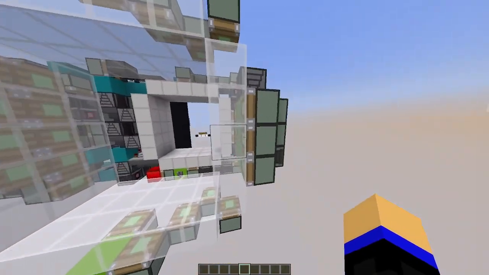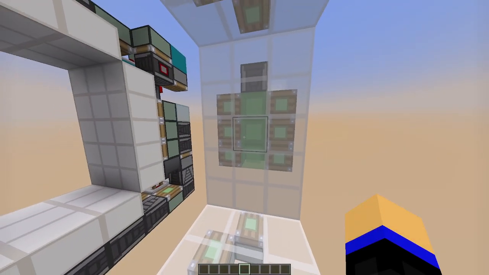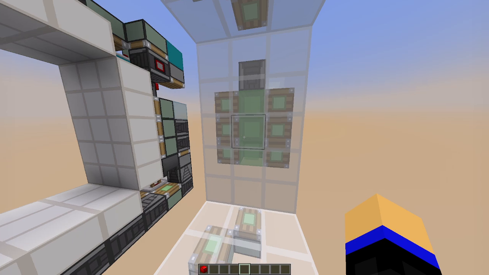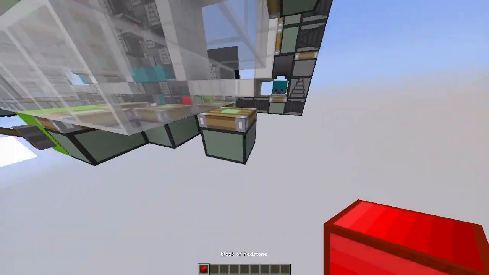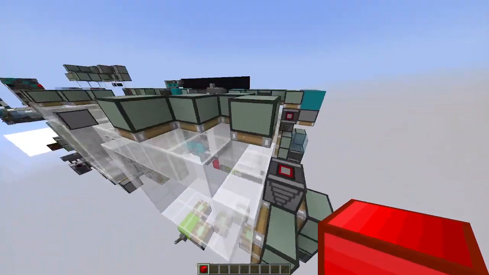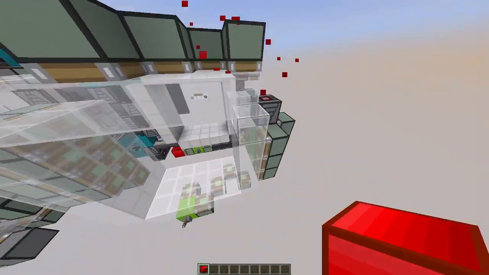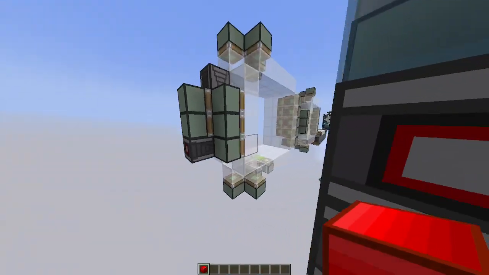So we have to think about how to make this piston layout work. Now, the first thing is that we will have some covering pistons here and here. So they will need to be retracted like this before we push the slime extender.